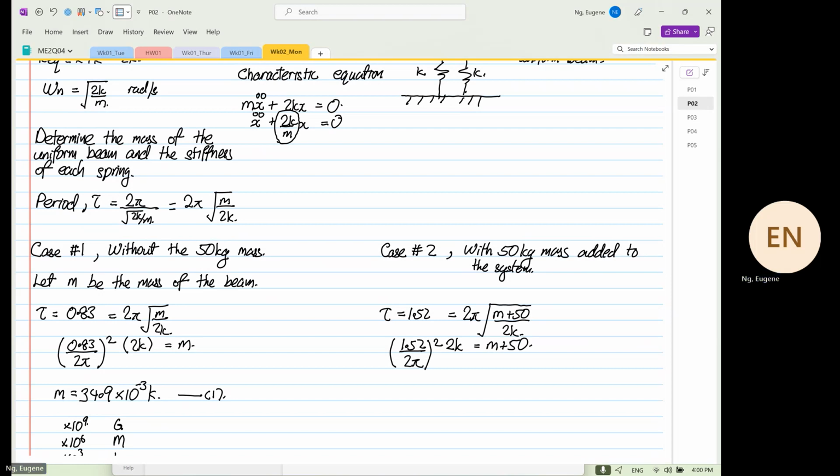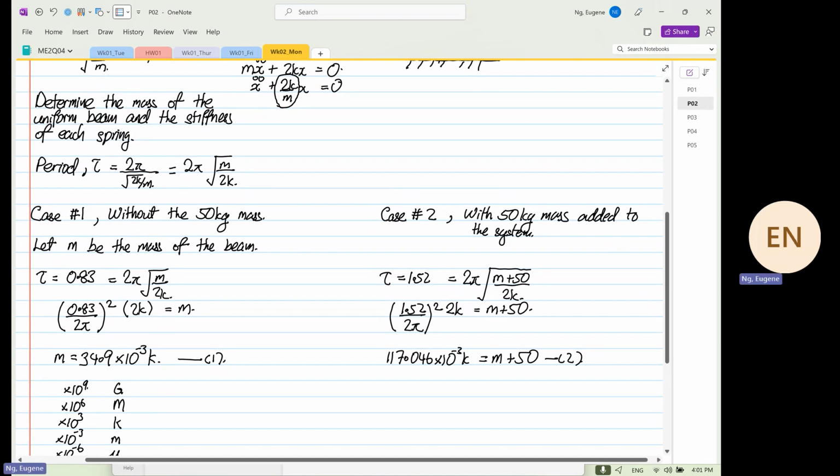So 1.52 divided by 2 pi squared times 2, I got 117.046 times 10 to the power minus 3 k, and this is equal to m plus 50, equation number 2.